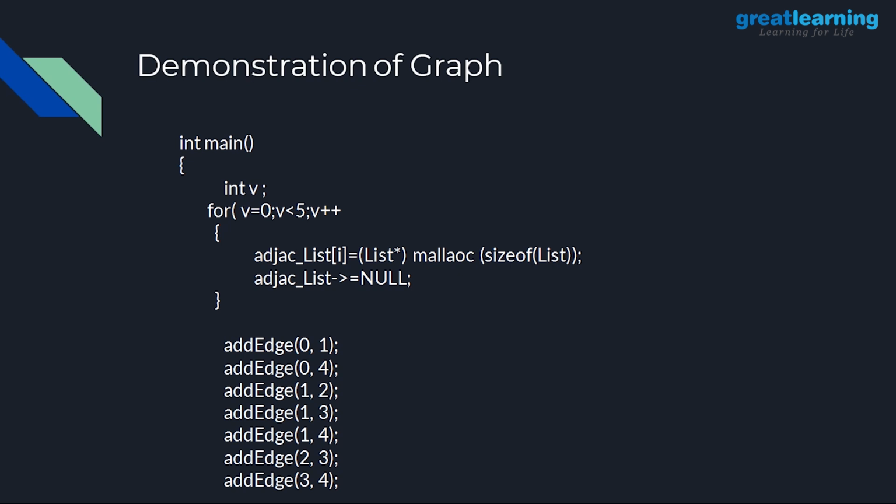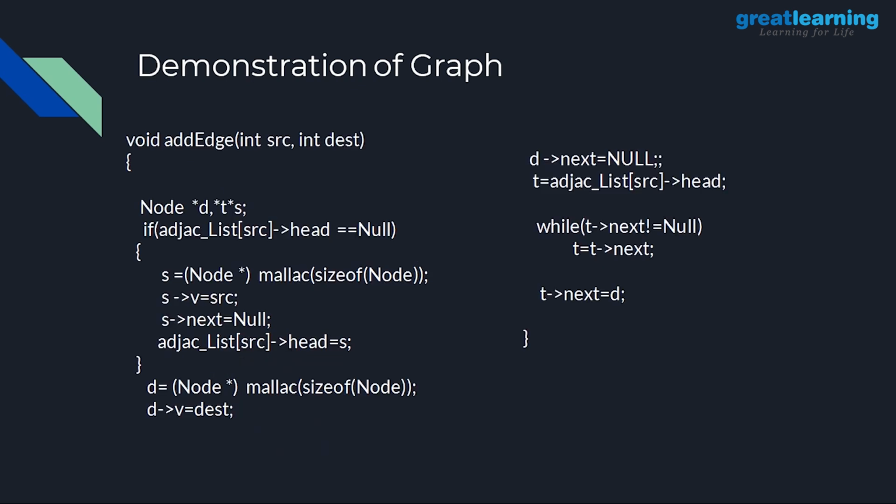Now let's see how our add edge works. Add edge takes two arguments, the source and the destination. We have also created three temporary node type variables. First, we check if this is the first time the source is present; if so, this if will execute, and if not, it will not be executed. Since the head of this source 0 in the array is null, we will execute this.